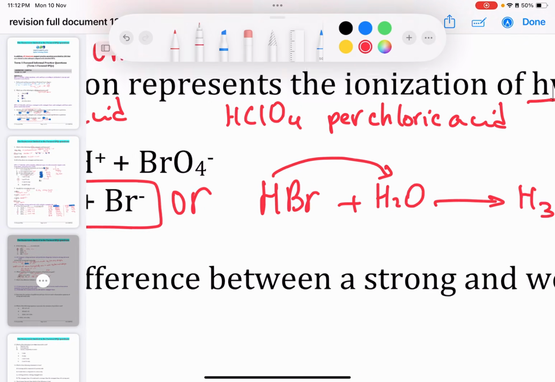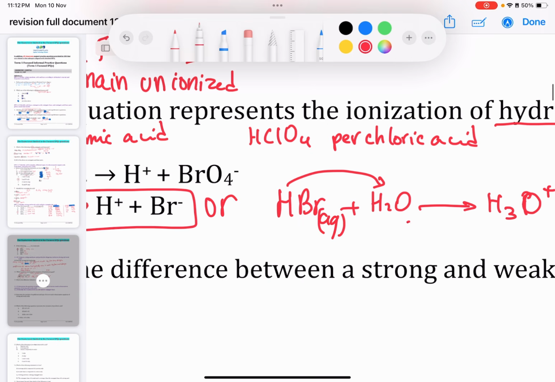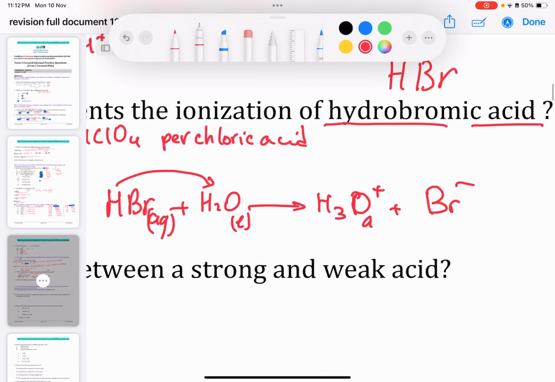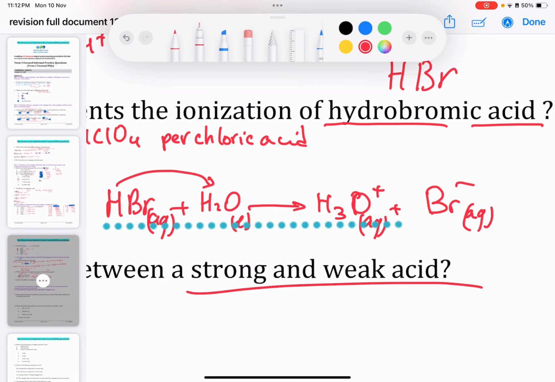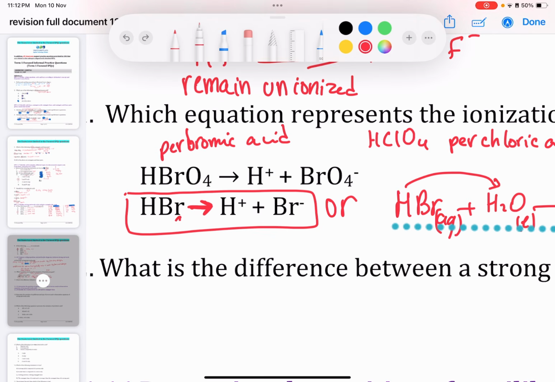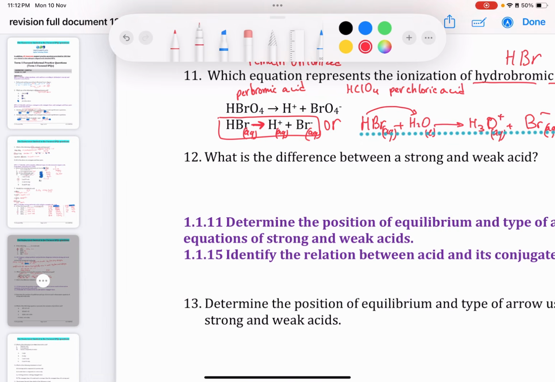Of course, when you write an equation, you always have to put the physical states. So in this one, the physical states, if they are present, must be aq, aq, aq. It means that this ionizes, or you can also use the word dissociate, in water.